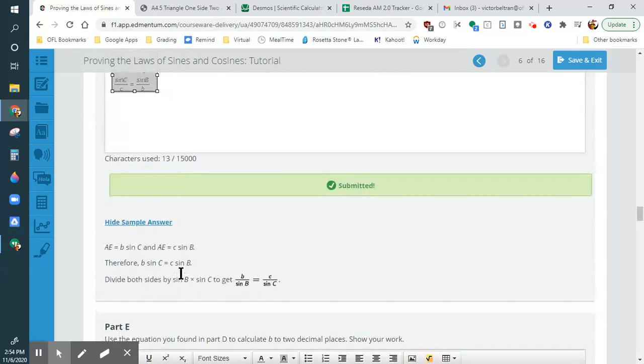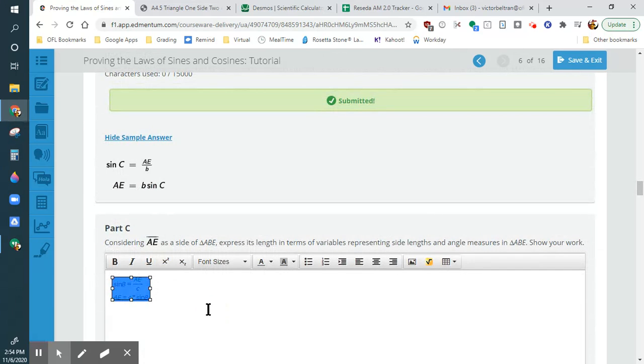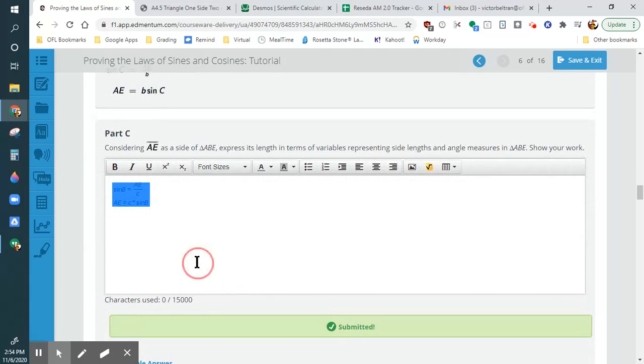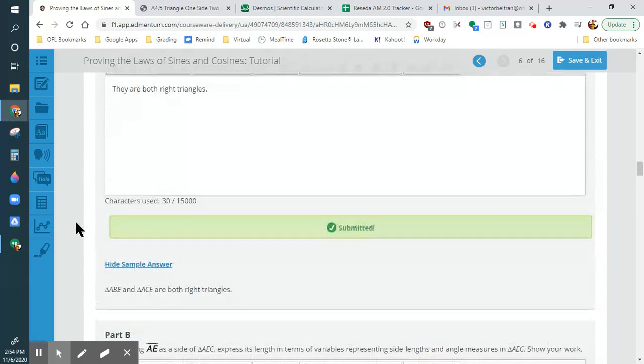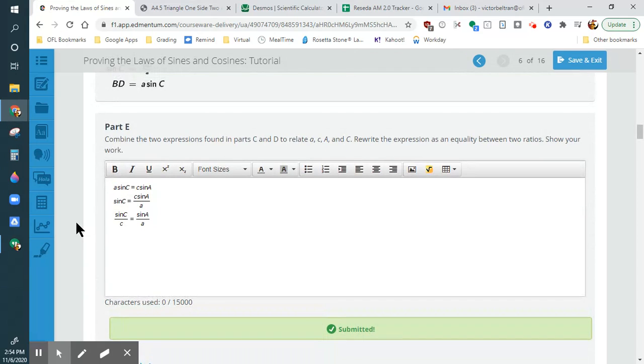Now we're going to combine the ideas that we learned here. So we have sine of little c, sine of that, sine of big. And then we see here that in part A, part E, little sine over c is equal to that.